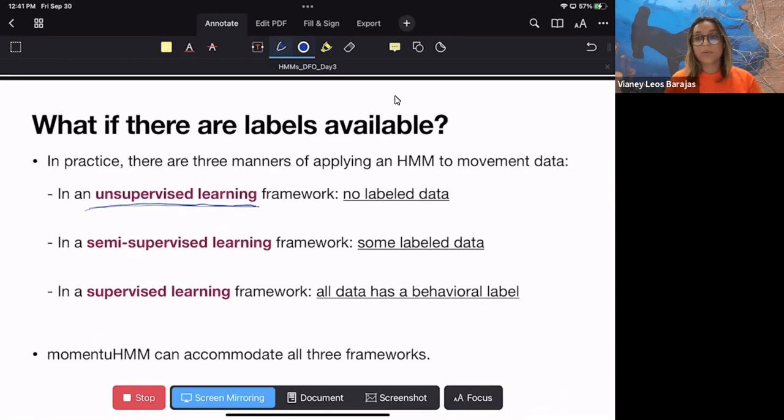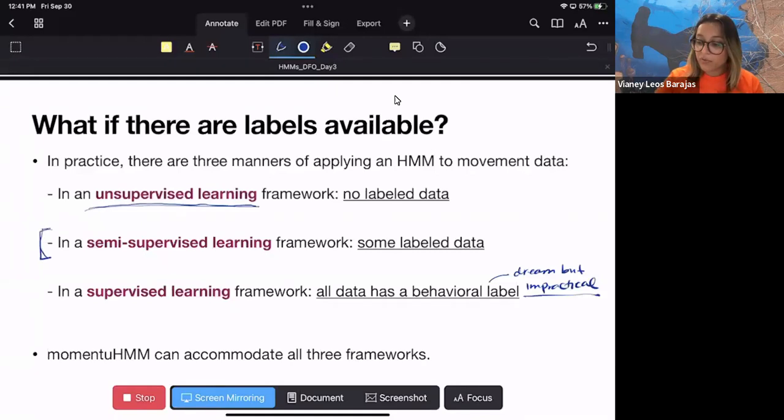There are broadly 2 other ways that we can apply a hidden Markov model. In a semi-supervised learning framework, we have some labeled data, or in a supervised learning framework, all the data has a behavioral label associated with it. Of course, this might be the dream, but it's impractical. This is not likely to occur. However, oftentimes researchers might have small portions of the time series where they were able to observe the animal in some capacity.